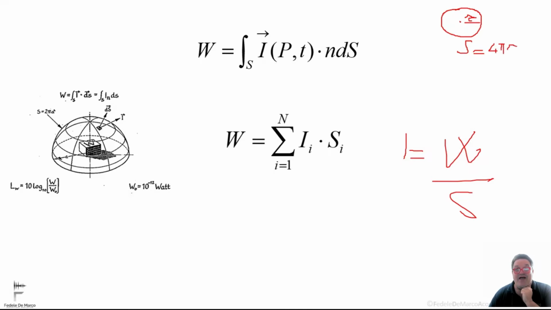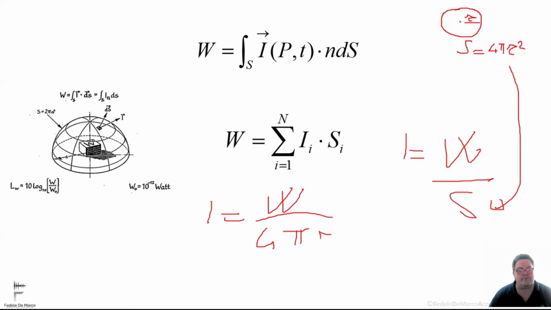Radius squared. So the intensity becomes I equal to the watt over 4πr², where r is the distance of the receiver from the theoretical point source.